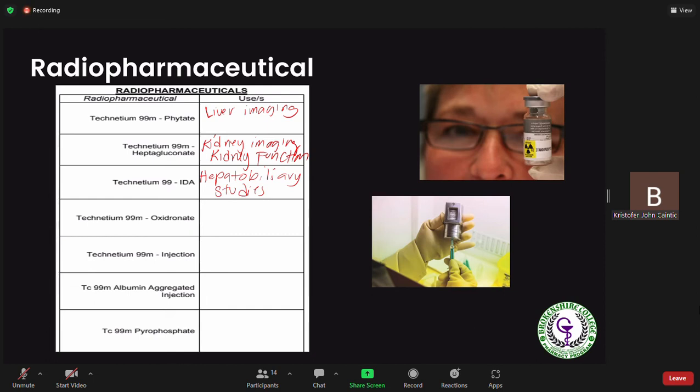This is used for bone imaging. This is mostly for diagnosis, no? Then technetium 99m injection is used for brain scanning.